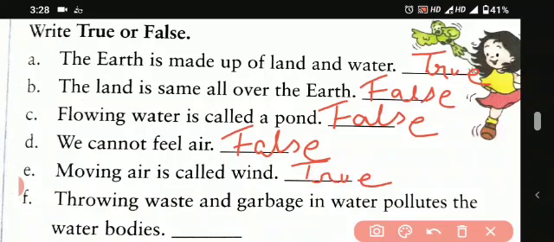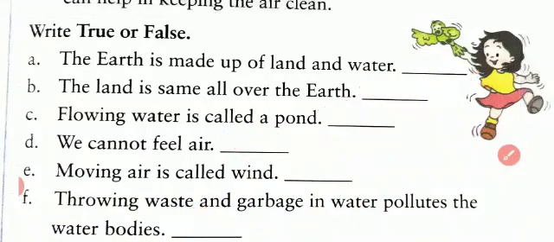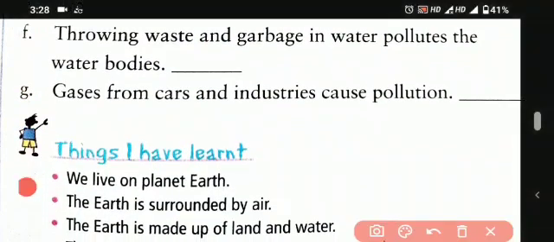Yes, throwing garbage in the water bodies dirties the water. That means it's true. The last one: gases from cars and industries cause pollution. Yes, gases from cars and industries cause pollution. That means it is true.